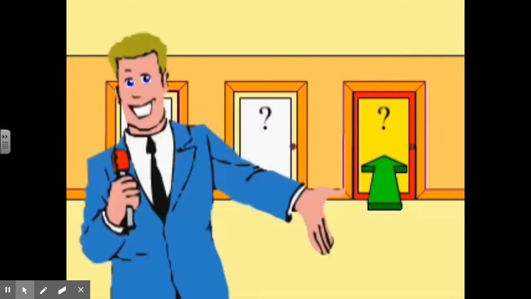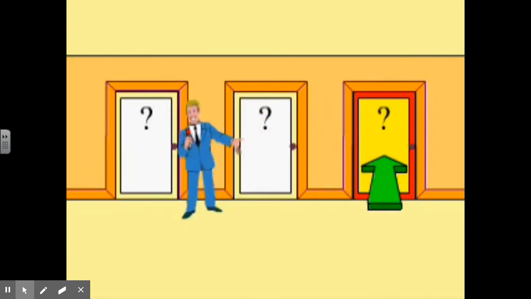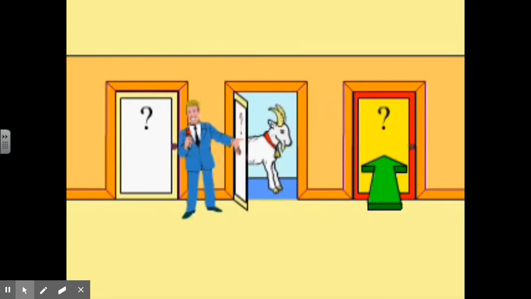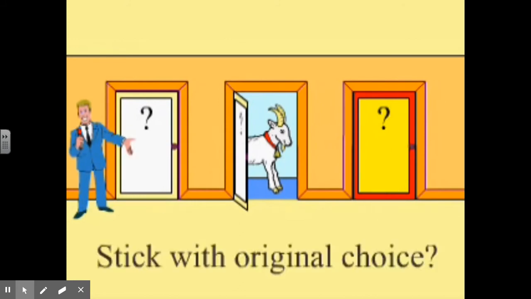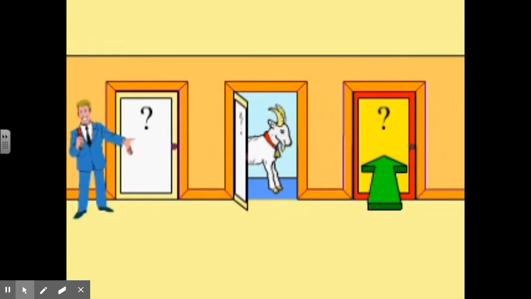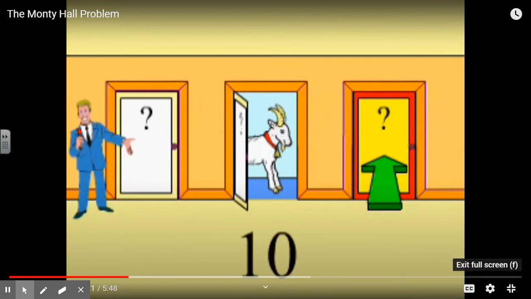Now the host knows where the car is, and he always opens a door to reveal a goat. You are then asked whether you'd like to swap your chosen door for the one remaining closed door. The question is, should you swap? Should you stick with your original choice? Or does it make no difference what you do? Which would give you the greatest chance of winning the car? I'll give you 10 seconds to think about it.